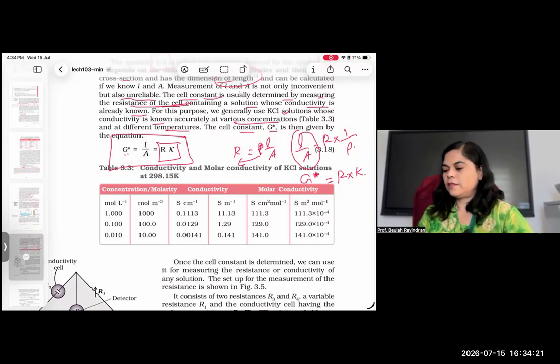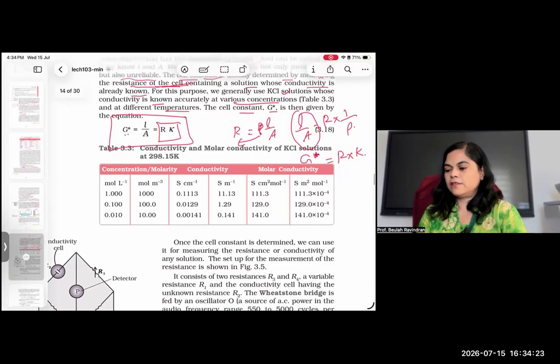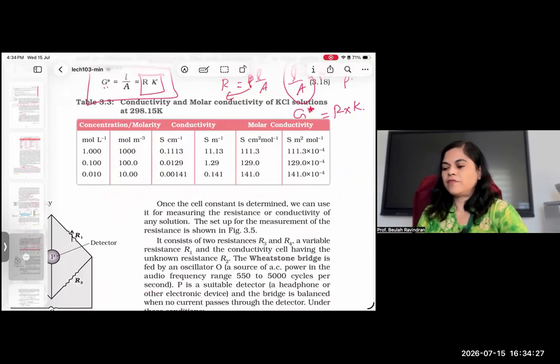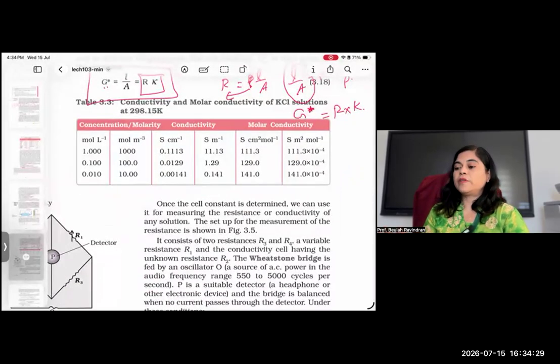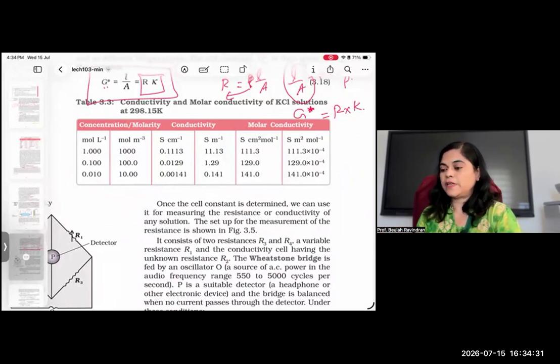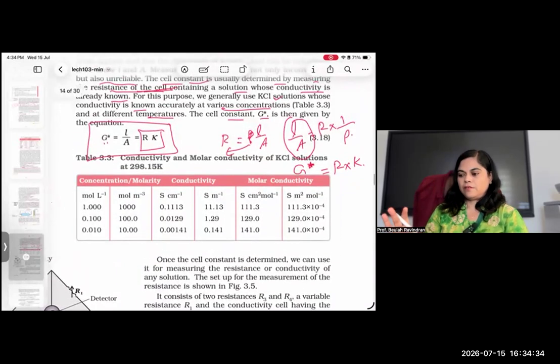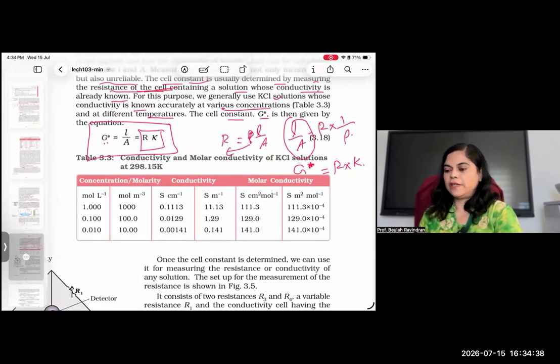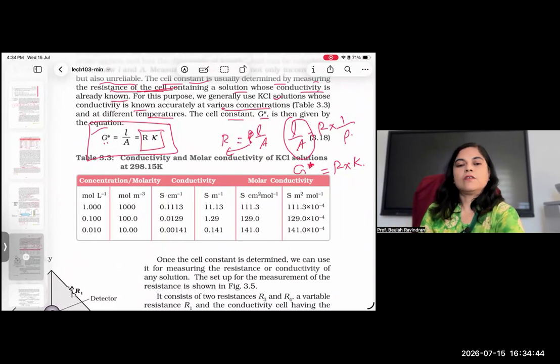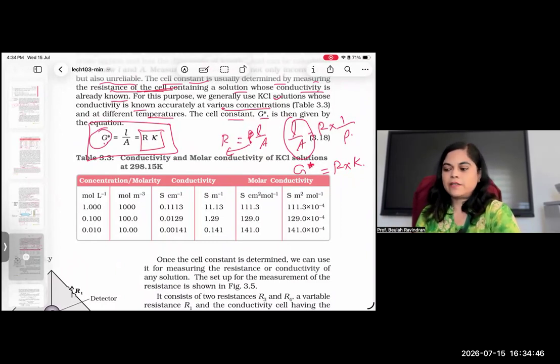Then you can see this molar conductivity and conductivity table of KCl solutions, where you already know the various conductivity values at various concentrations. So it is easy for us to calculate the conductivity cell constant.